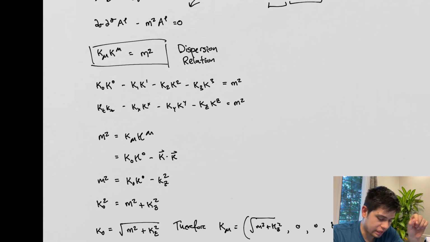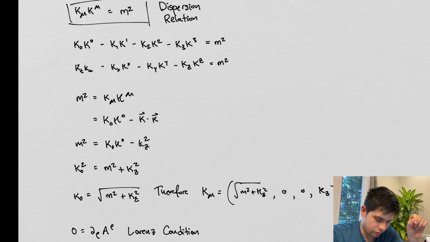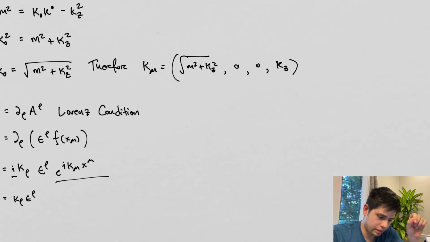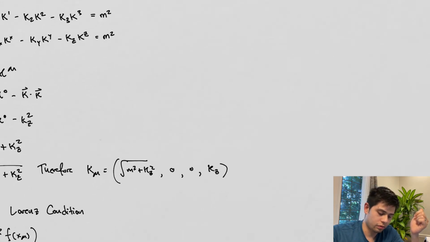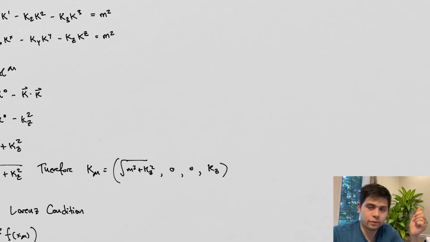That restriction again was right here. If we know what kz is, then we can calculate what our temporal component is. But for the x and y, we can set those equal to anything we want.